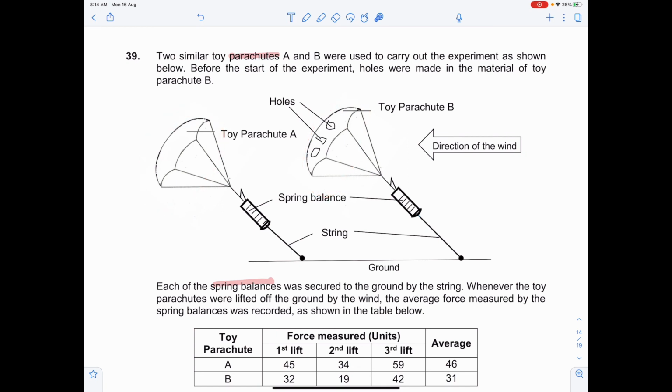Correct? Because the greater the surface area exposed to the wind or to your air, the greater the air resistance.